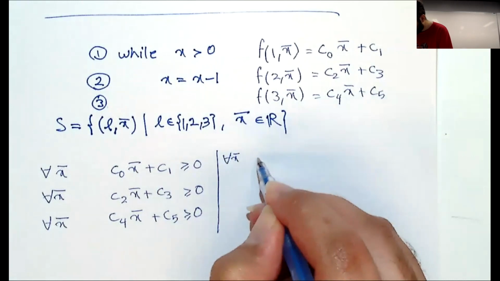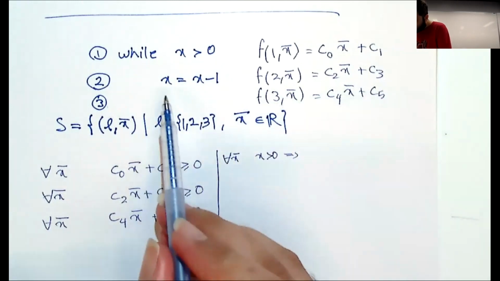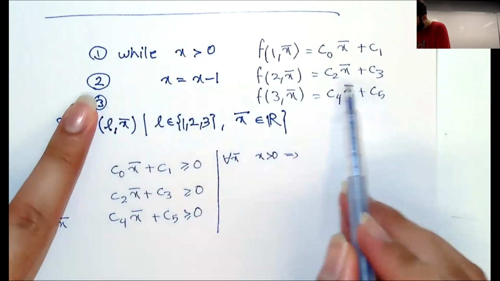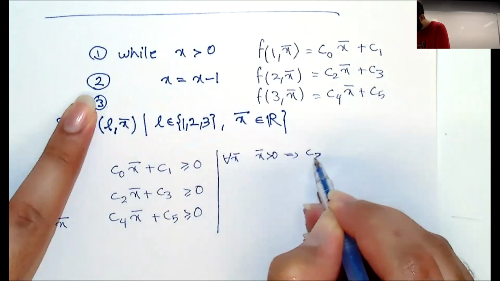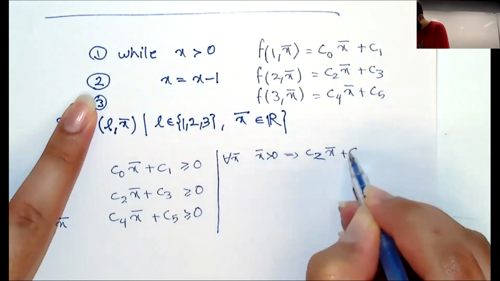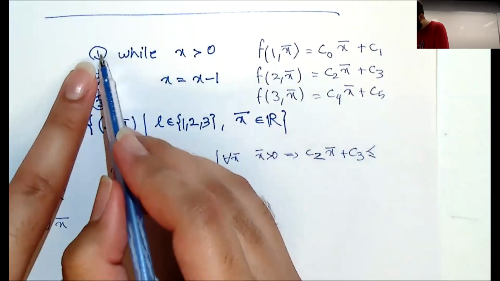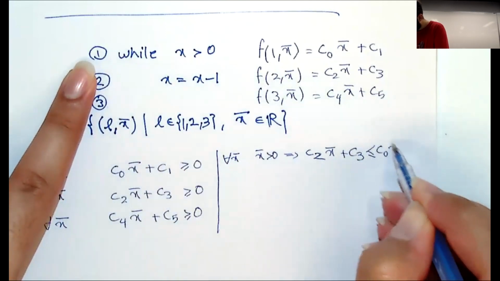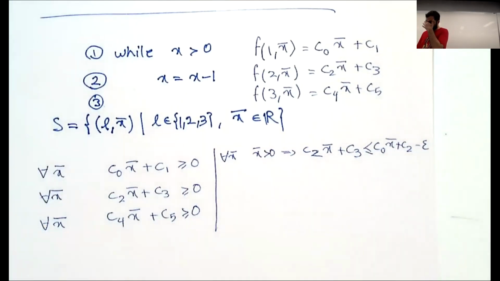For every x, if x is greater than 0, then when I go to line 2, I get C2x plus C3. This should be less than or equal to what I had before, C0x plus C1, minus some epsilon. And epsilon is also a constant that we have to find a value for.